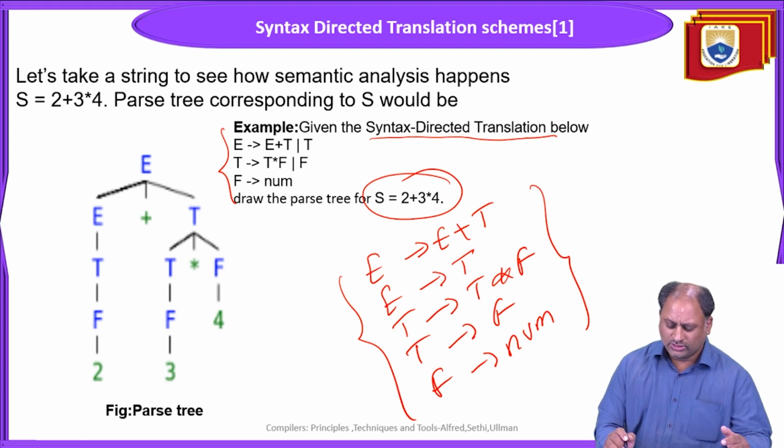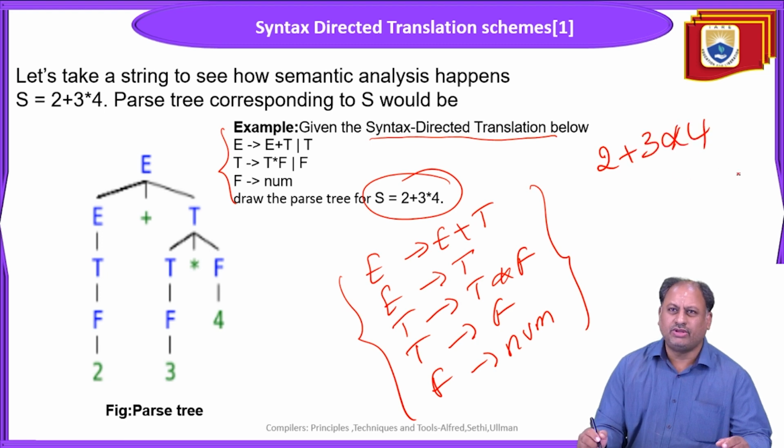See here, in order to derive 2 plus 3 star 4, the plus operation and the star operation are to be considered. So in order to consider these two cases, you verify the suitability of the productions that map to this one.